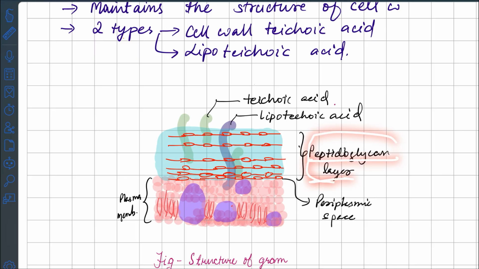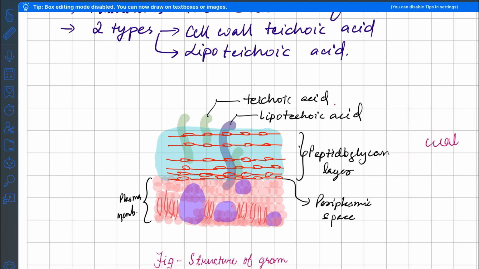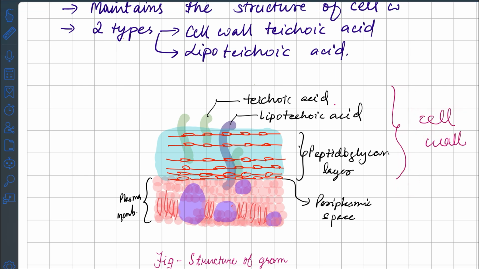This peptidoglycan layer is actually the first layer of the cell wall. In this peptidoglycan layer, I have tried to show the bonds here. There is presence of teichoic acid and lipoteichoic acid. So these three structures actually constitute the cell wall of gram-positive bacteria.